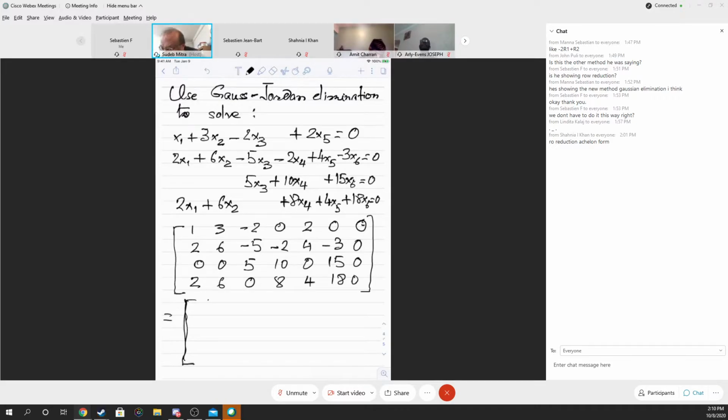Okay, so let's start. 1, 3, minus 2, 0, 2, 0, 0. I want to make this 0. I want to make this 0. That's very easy. Multiply the first row by minus 2, add it to the second row. So 0, minus 2, that is minus 6 plus 6, 0, minus 2, minus 2, no?